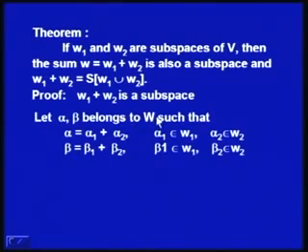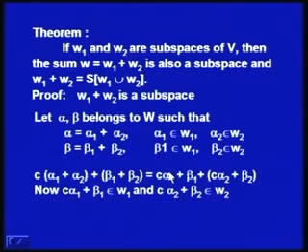Beta also belongs to W, so this can be written as beta 1 plus beta 2, beta 1 belonging to W1, beta 2 belonging to W2. So, their linear combination c alpha plus beta must also belong to W1 plus W2, only then W1 plus W2 is a subspace.